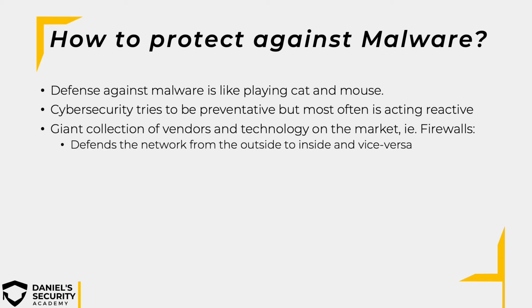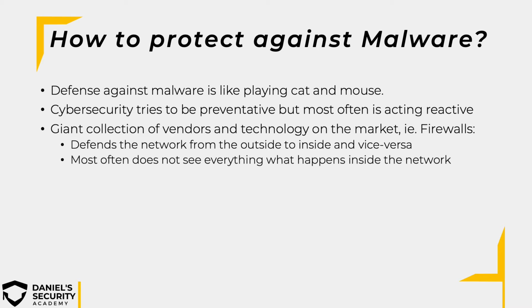The firewall defends the network from the outside to inside and also from the inside to the outside. But most often, depending on the network architecture, the firewall does not see everything that happens inside a network, especially inside a subnet. So the firewall does not protect everyone.